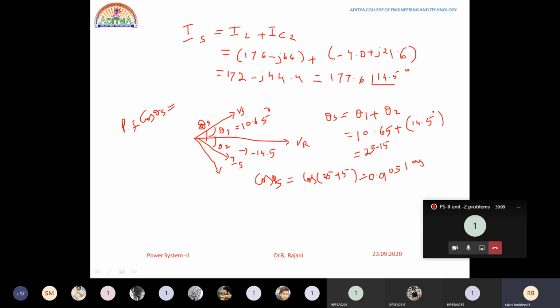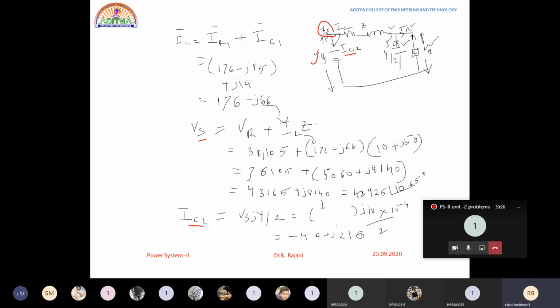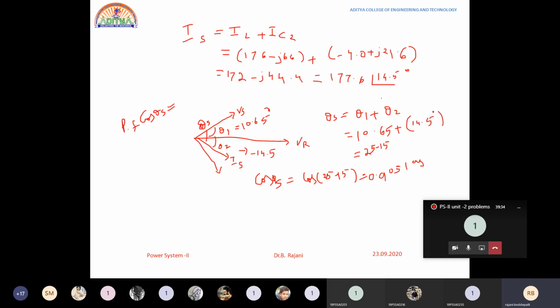I'll tell you. Listen. If you straight away see the angles, what is power factor by definition? The cosine of the angle between the voltage and current. What is the voltage angle we have? 10.65. What is the angle for the current?